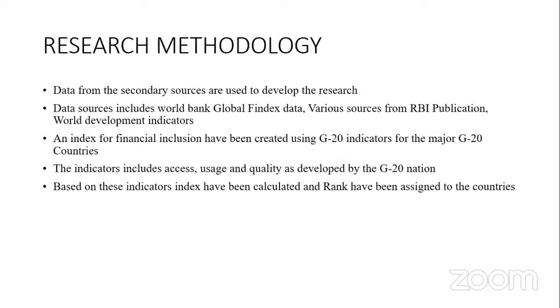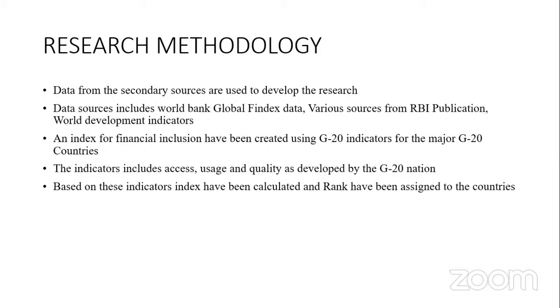Now, the basic methodology of this paper is that we select data from various sources like Global Findex data, various RBI publications, and World Development Indicators, and I try to create an index of financial inclusion to assess the current status of India among G20 countries.